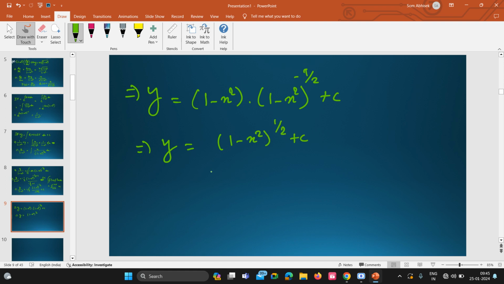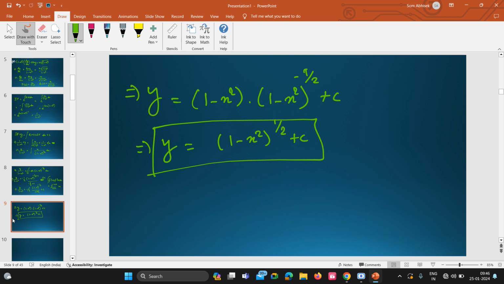Yeah, that will be the answer. This is the solution of the differential equation.